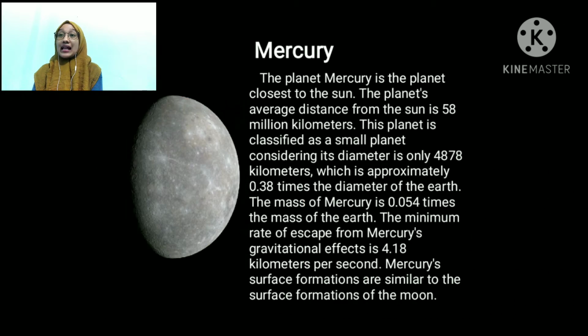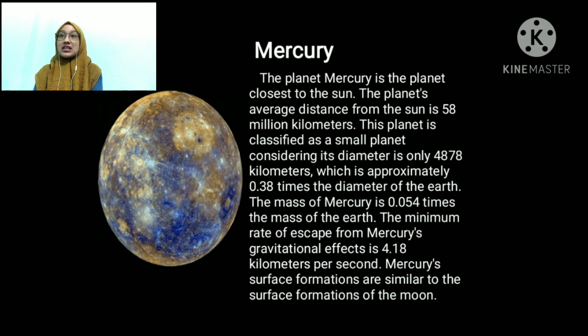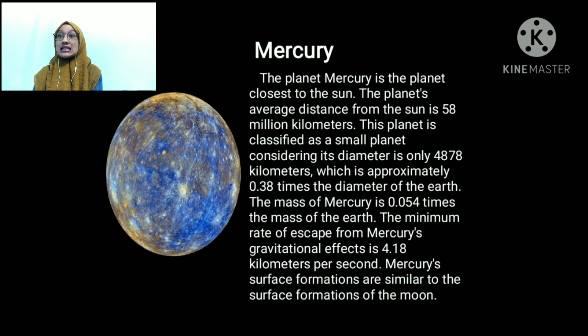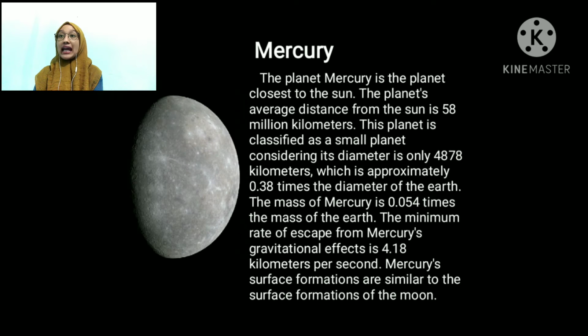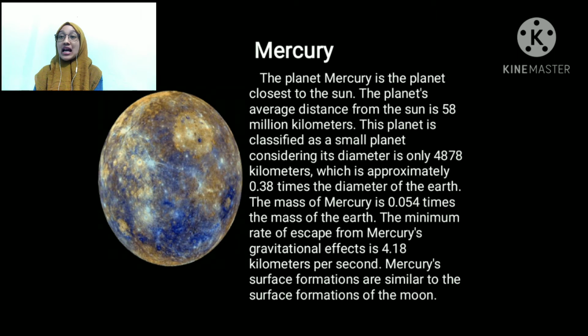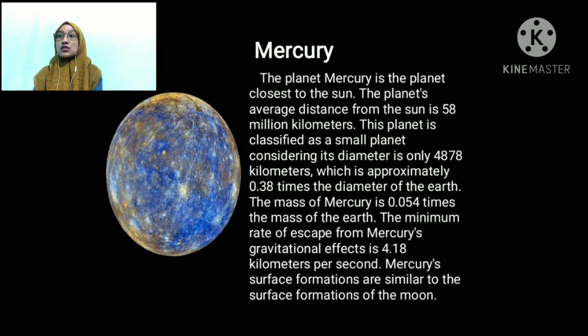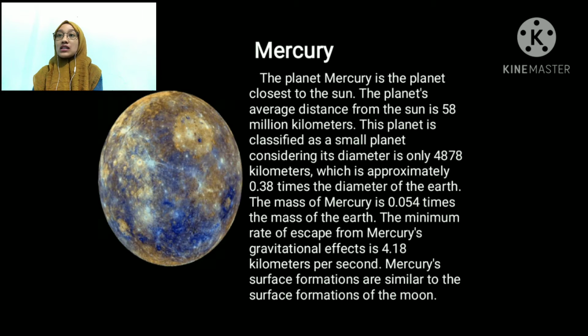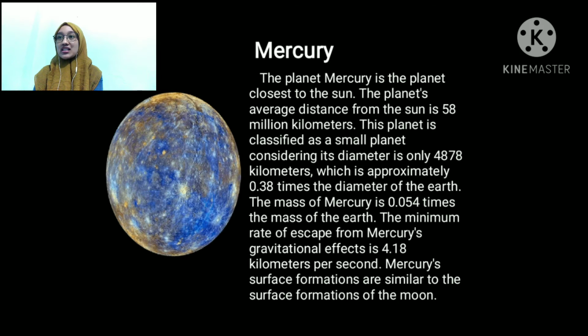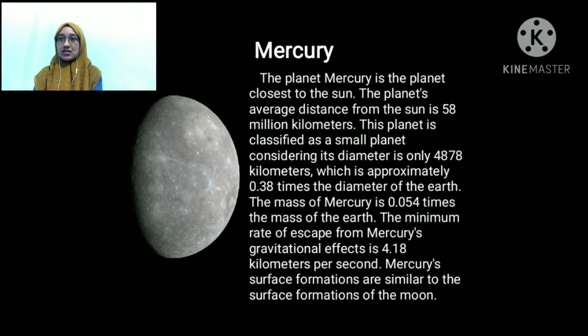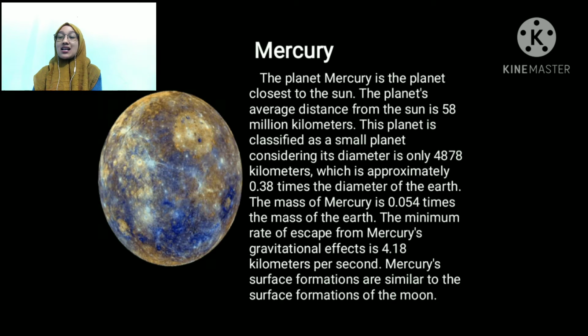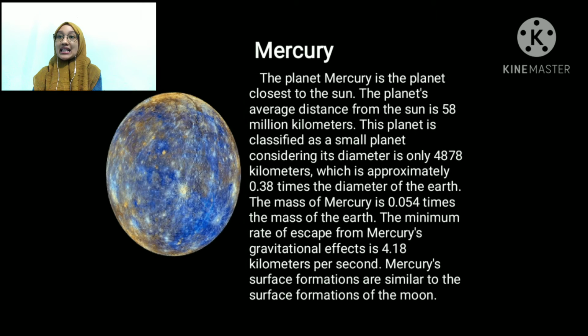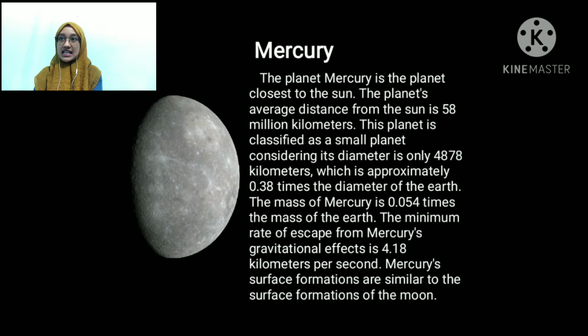Mercury. The planet Mercury is the planet closest to the Sun. The planet's average distance from the Sun is 58 million kilometers. This planet is classified as a small planet considering its diameter is only 4,878 kilometers, which is approximately 0.38 times the diameter of the Earth.